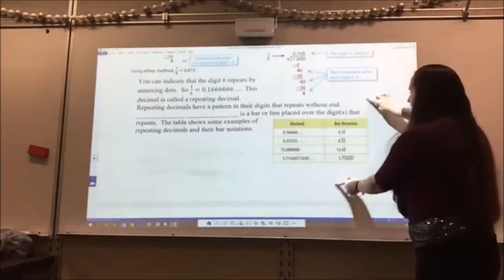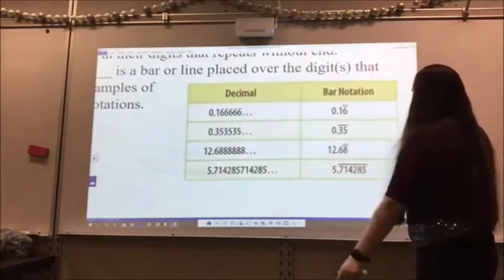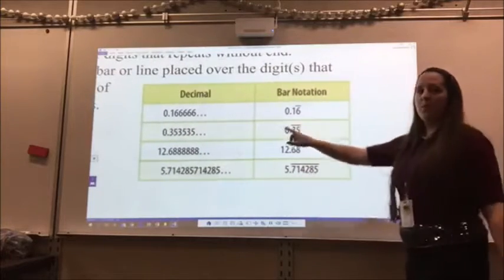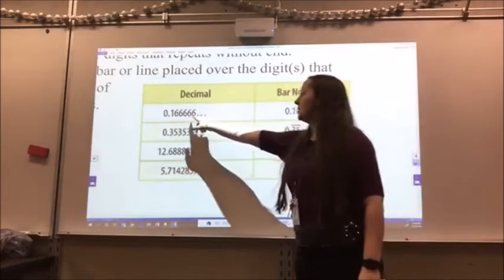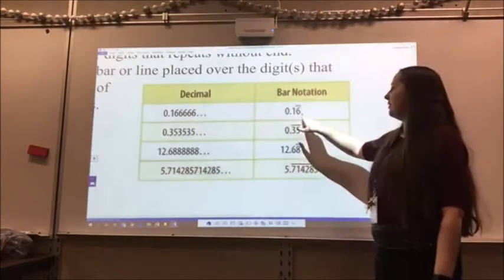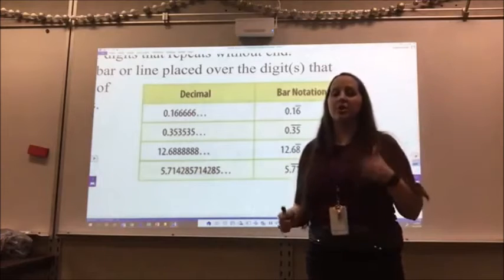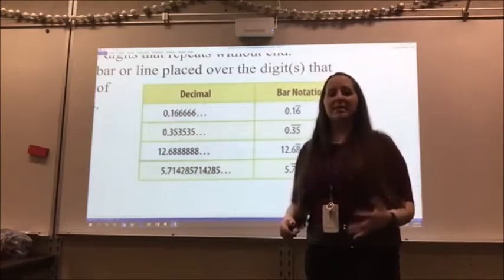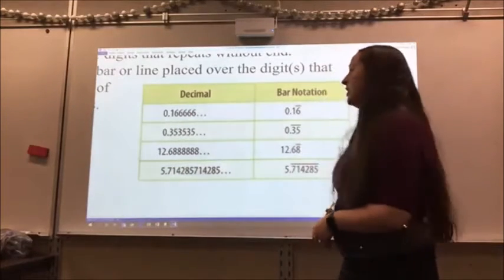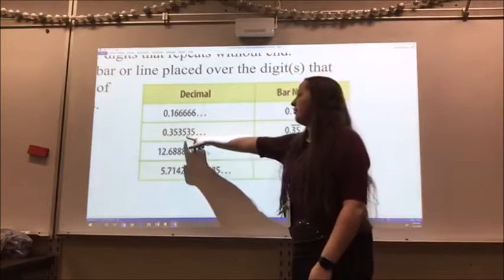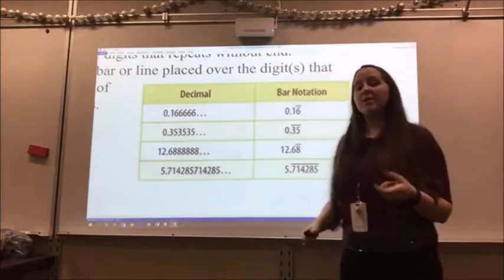Okay, so you can actually see from this chart, 0.1 with the 6 repeating, I have 0.1 and the bar is over the 6. It's not over the 1 and the 6, it's just over the 6 because the 6 is what is actually repeating over and over again. 0.3535, you can see that the 35 is what's repeating.